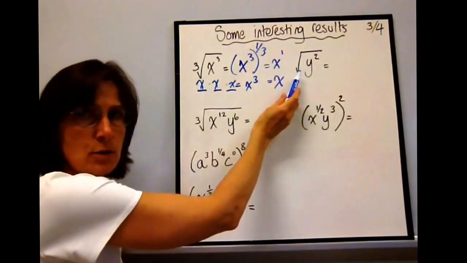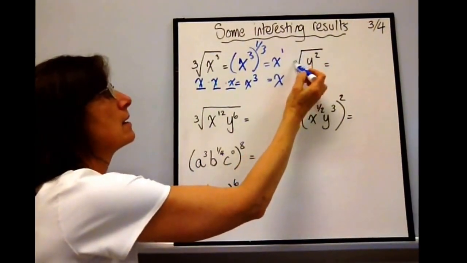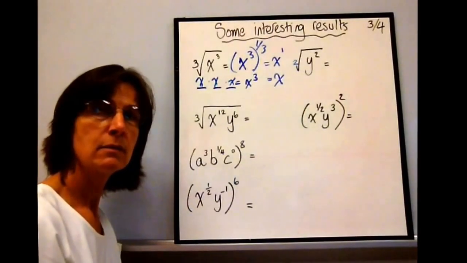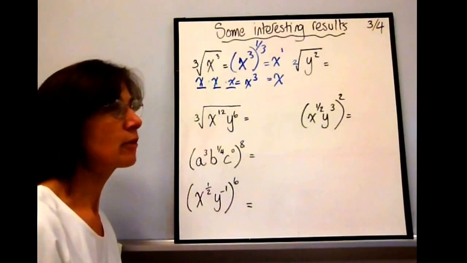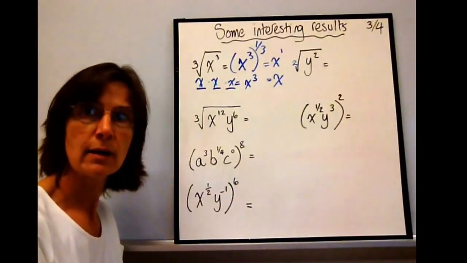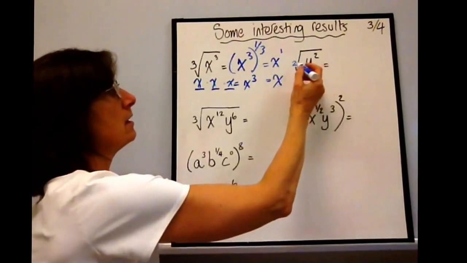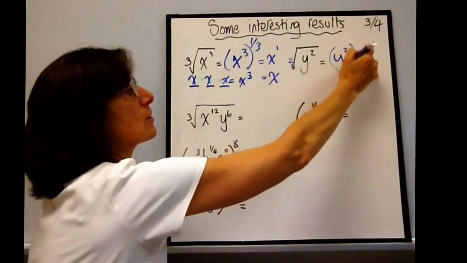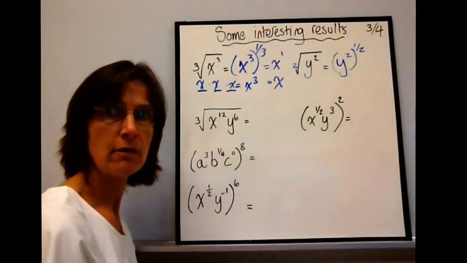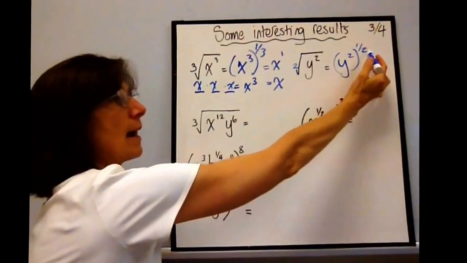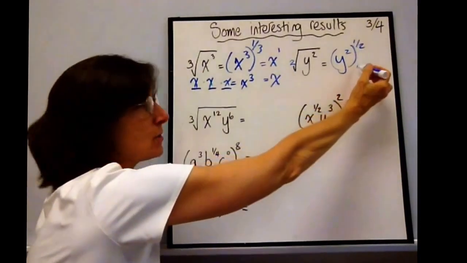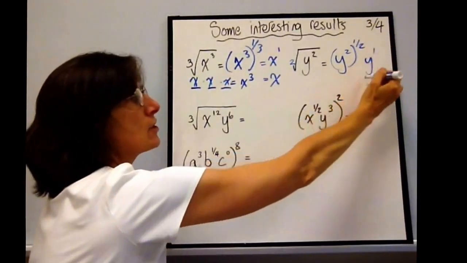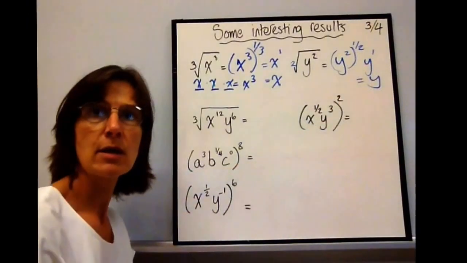So if you think about this one, remember there's an invisible 2 there. And you might have already said, well, the square root of y squared is y. Let's prove it. Square root can be written as to the power of 1/2. Power of power property, we're going to multiply these two together and get y to the first, and that can be written as y.